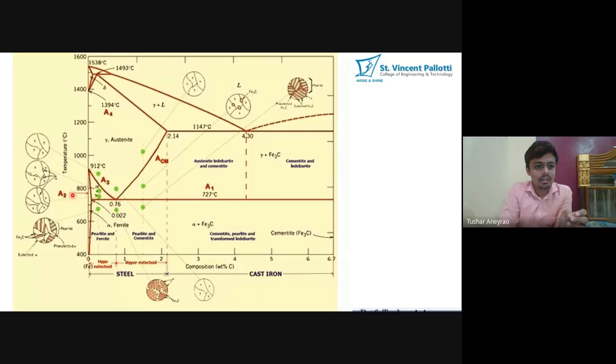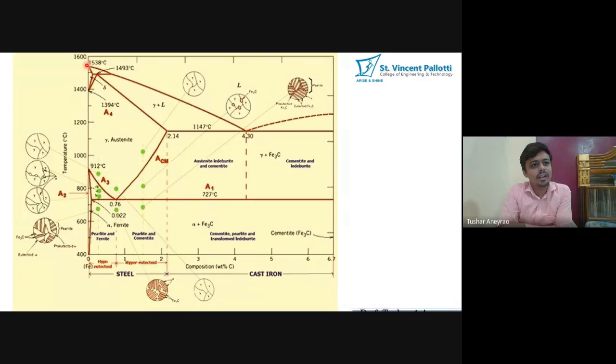For example, first of all, you should memorize only the structure, the percentages, and the levels of temperature. So what are the various levels of temperature? This line is at 727 degrees centigrade. Then this line starts at around 912 degrees centigrade and goes up to 400, and here it is 0.002%, 0 to 2%.